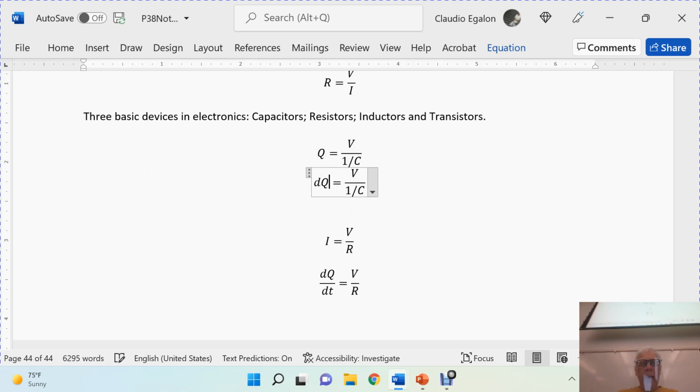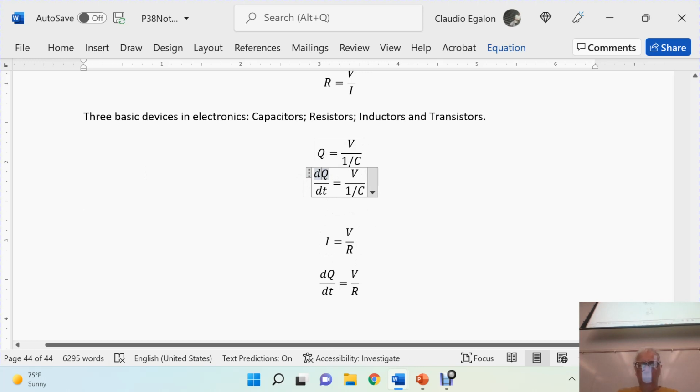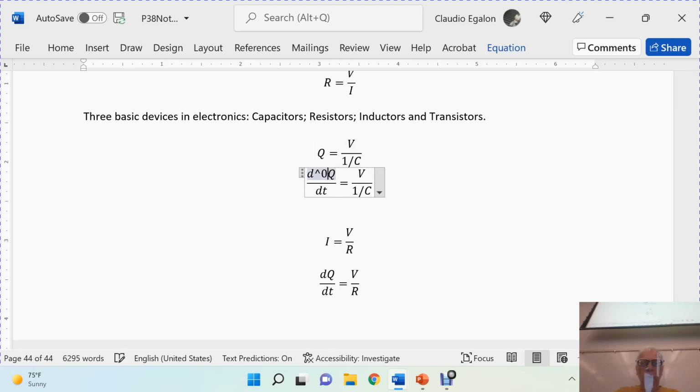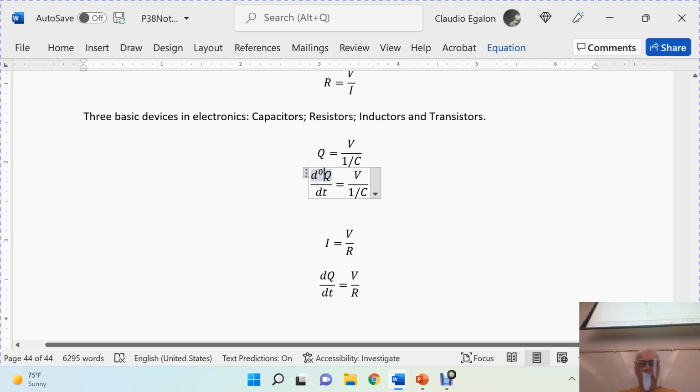It's going to be dq dt with one important difference. It's not going to be dq. It's going to be d raised to the 0 power and dt raised to the 0 power.